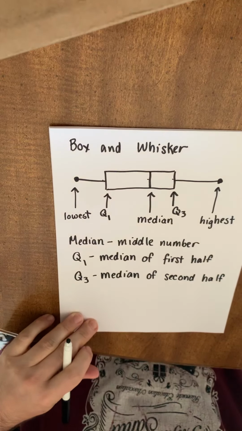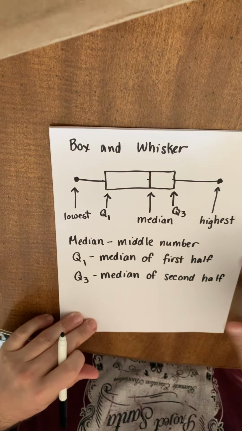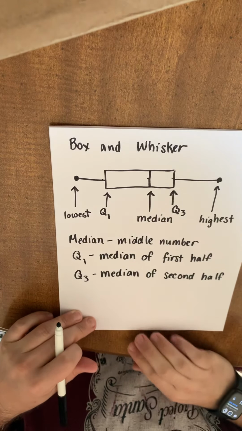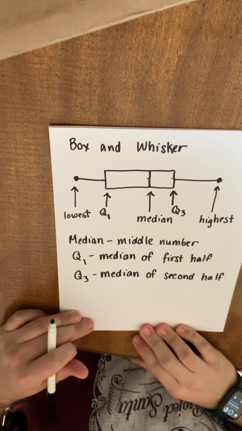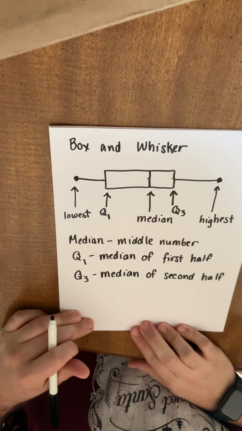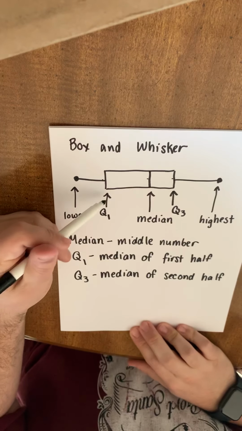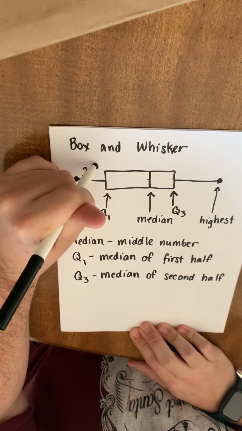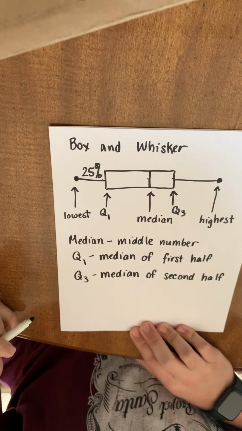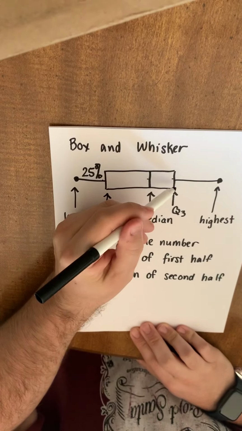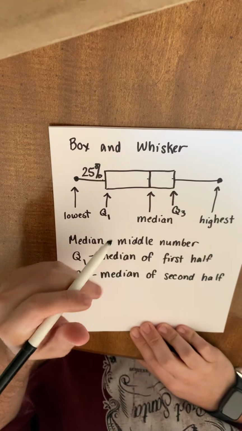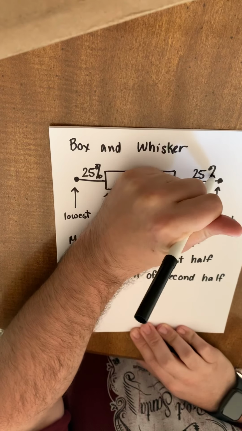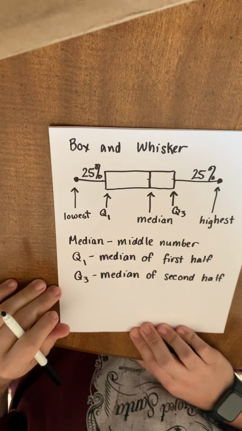Now, quartile, Q1, Q3, those are quartiles. It divides this into quarters, 25%. So from the lowest number to Q1 is 25% of the data. From Q3 to the highest number is another 25% of the data.